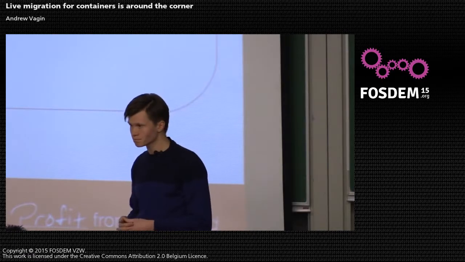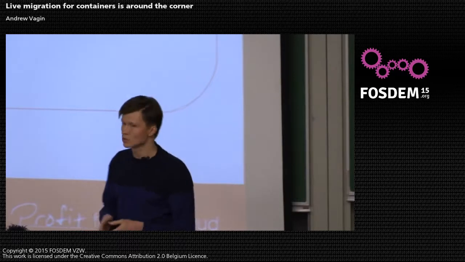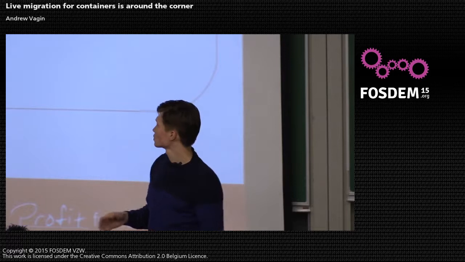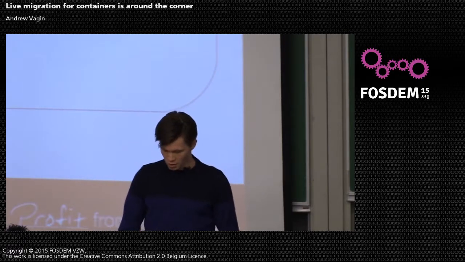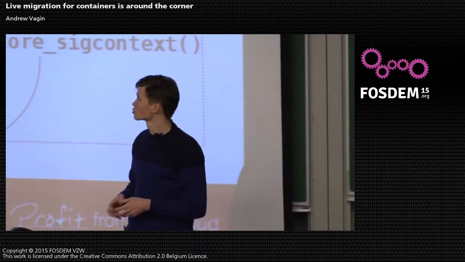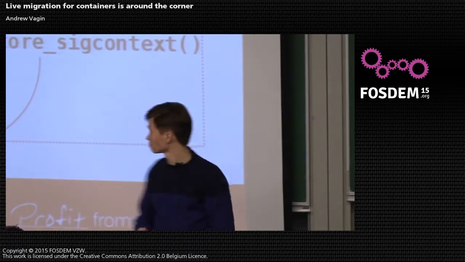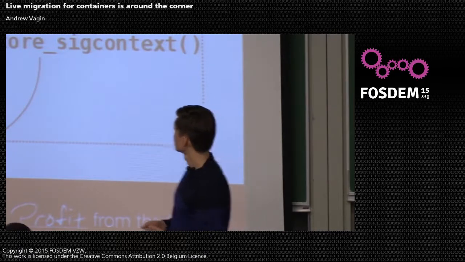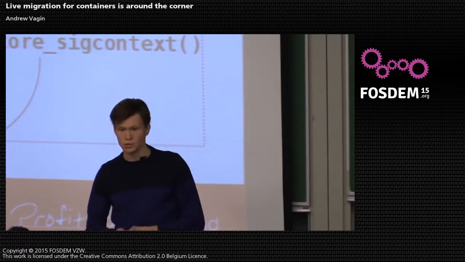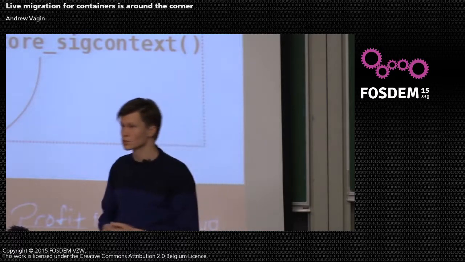At first glance, it's not so easy to resume processes from defined points, but if we remember how processes return from a signal handler, we can find that the process just calls the sigreturn system call, and CRIU actually does the same.